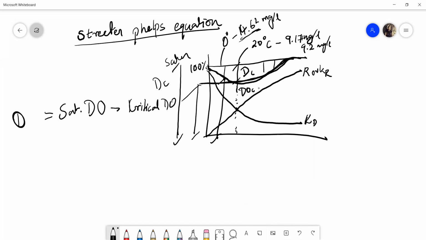Oxygen deficit is always represented as D. For the critical one, DC. Are you understanding this concept? So never get confused between oxygen deficit and dissolved oxygen.